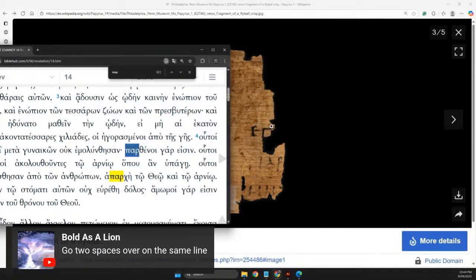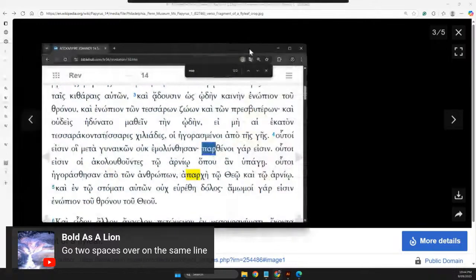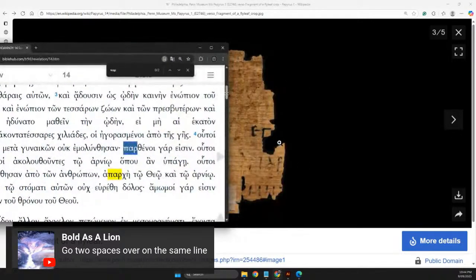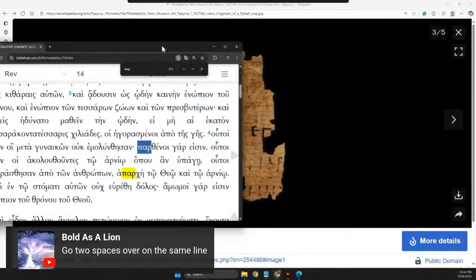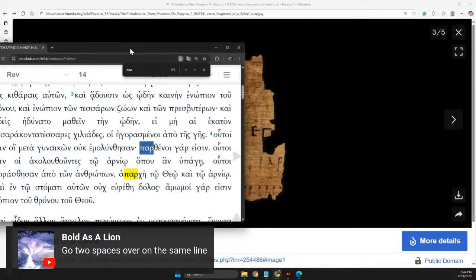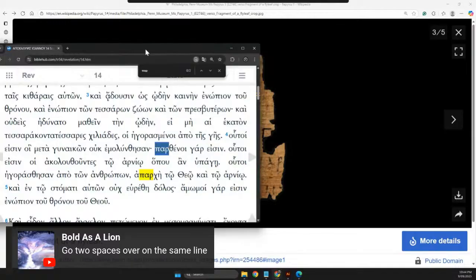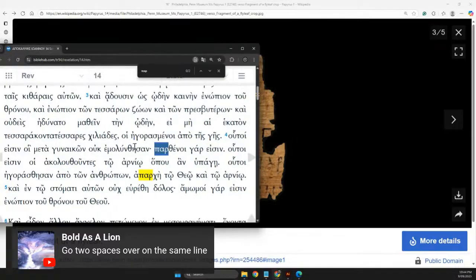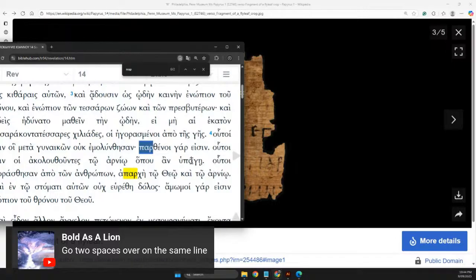Now when you have two gammas together, you have Evangelion. It's like angel. You have two gammas together, and I think it's a diphthong where it creates an N sound. So I would look for, in this part, perhaps an epsilon and a gamma.